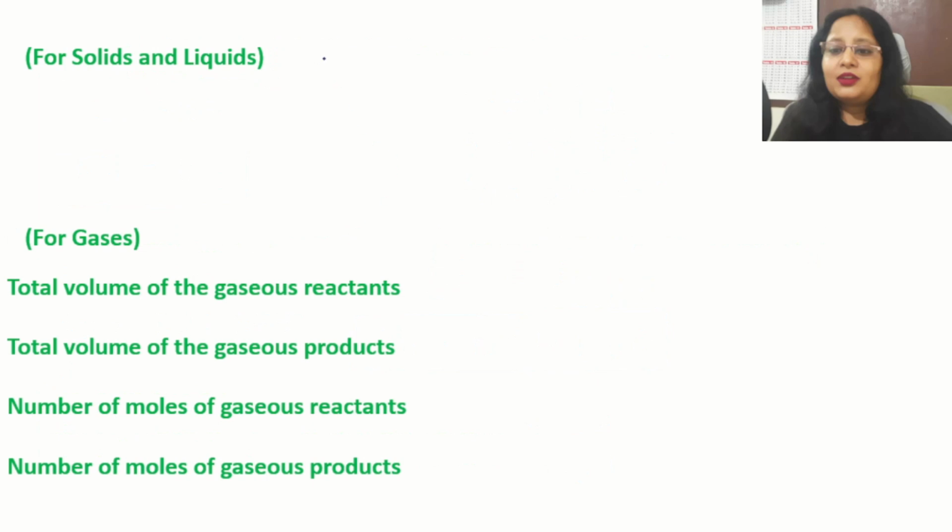We studied that delta H is equal to delta U plus P delta V. But when we studied practically, we saw that in case of solids and liquids, when the process goes on, there is very little, or we can say negligible, change in volume. So if there is a negligible change in volume, in case of solids and liquids, that whole P delta V term becomes negligible.